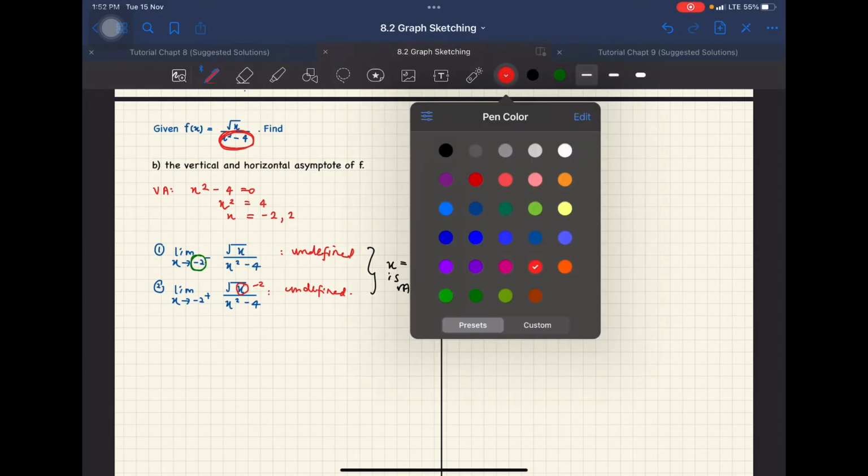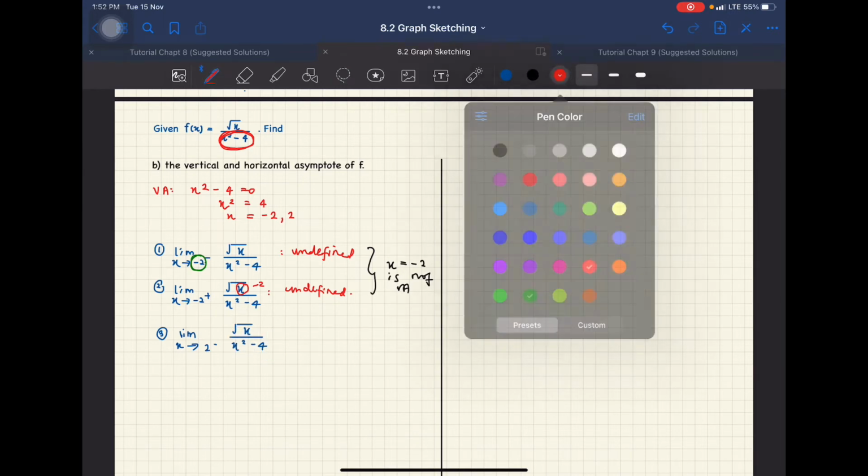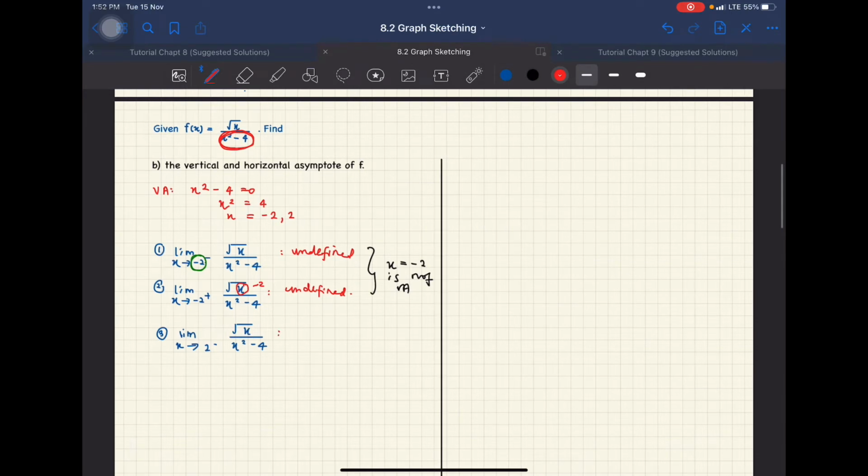Alright, next one. So saya nak cari for the value of 2 pula. So that will be my third thing yang saya kena cari. Okay, so limit x approaching 2 from the left. Okay, so our function, I just copy and paste it here. Okay, so bila kita try direct substitute, apa yang saya akan dapat adalah saya akan dapat square root 2 over 0.